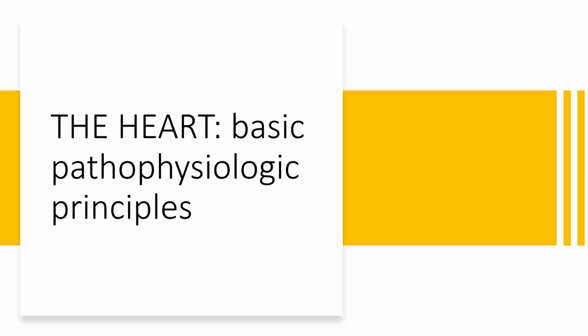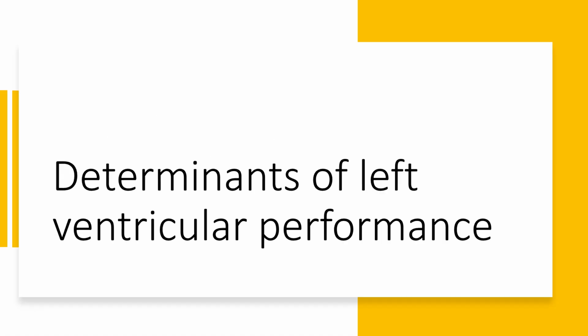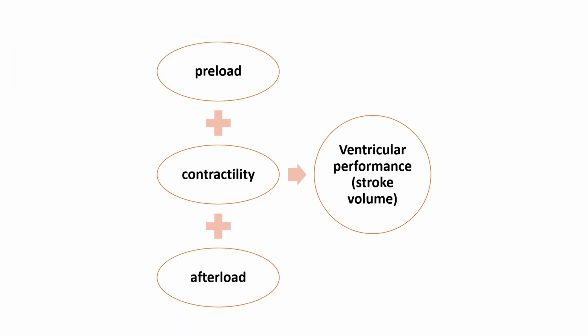Now let's turn to some more detailed physiologic principles. Let's start with the determinants of left ventricular performance. Left ventricular performance depends primarily on preload, on myocardial contractility, and on afterload.